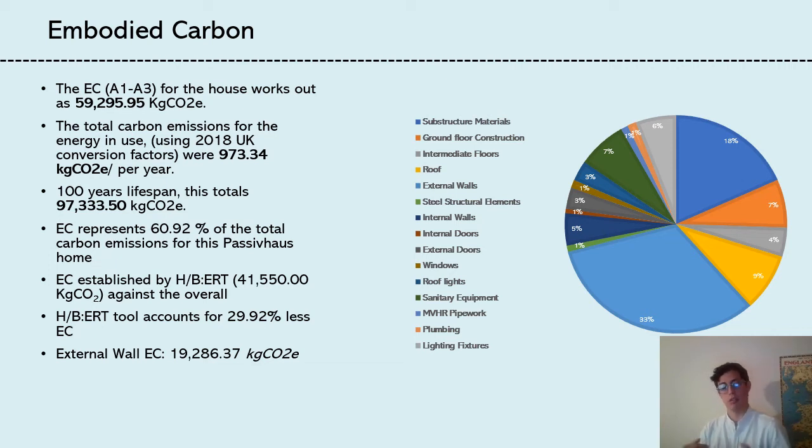When we contrasted our methods with their outputs, we found that our embodied carbon was almost 30% more than theirs. And because carbon and embodied energy are correlated, the element with the most embodied carbon was the external walls.